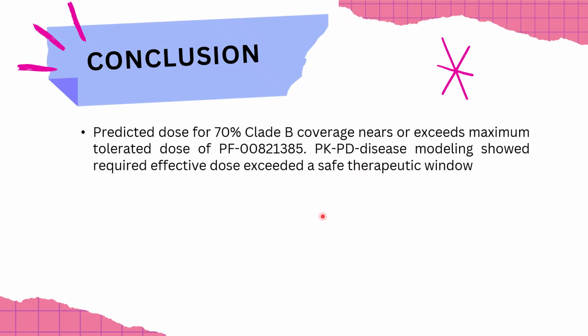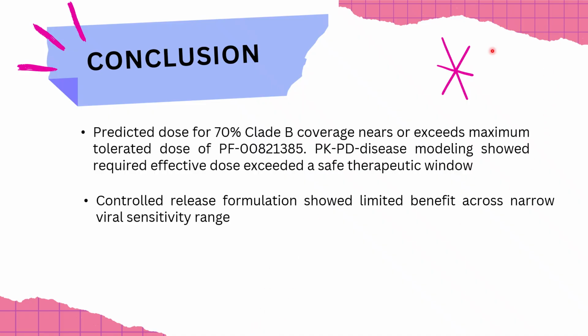This essentially means that the safety margin between the effective dose and safe dose is too narrow for this to be practical. Further, a controlled release formulation showed some promise, but offered only limited benefit across a narrow range of viral sensitivities.